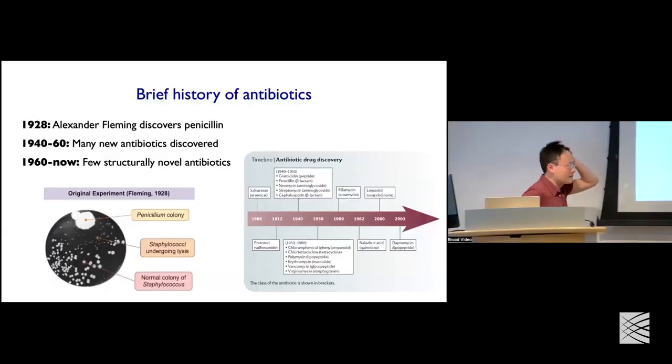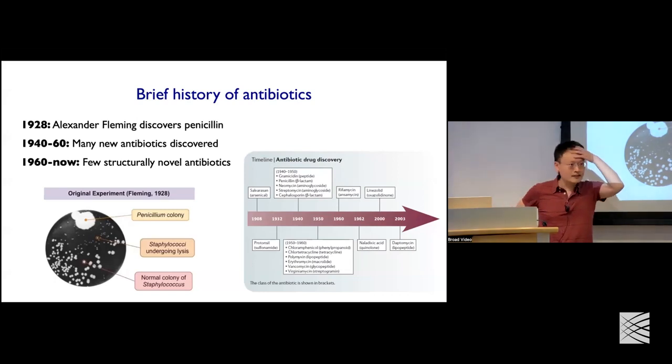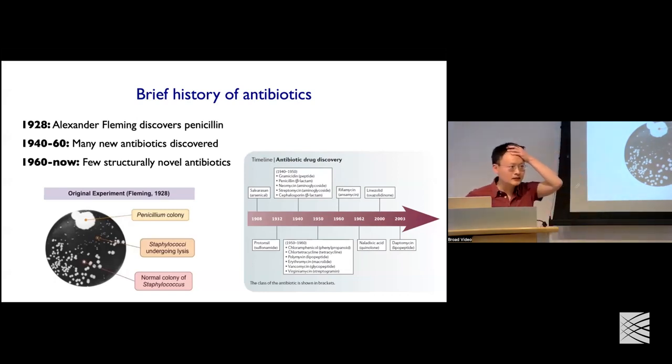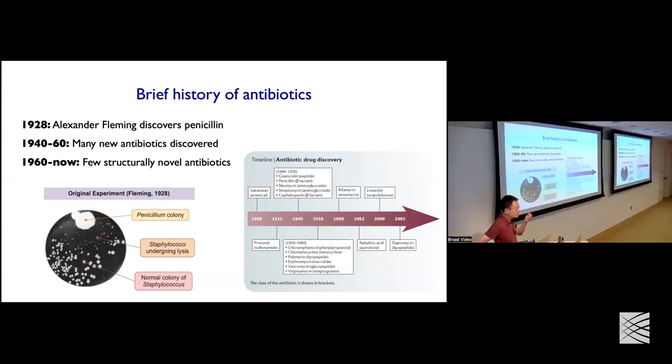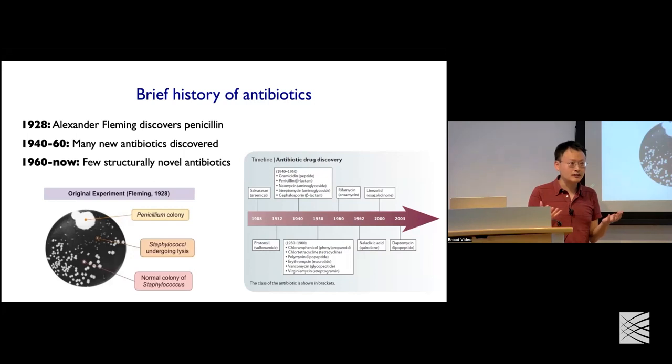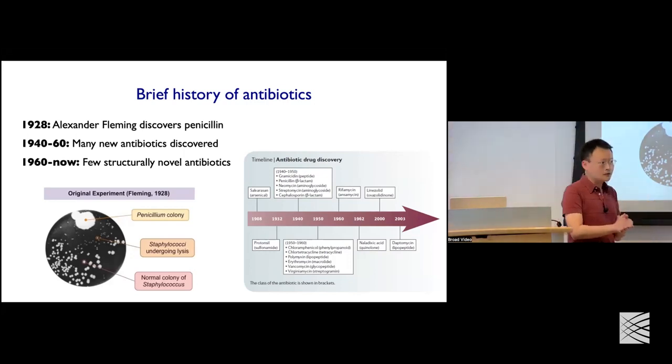Okay, so starting with this idea of how we use these generative approaches to design new drugs, right? Here's a brief history of antibiotics to motivate why this is a good setting for these generative models. As many of you know, the first antibiotic was discovered by Fleming in 1928.